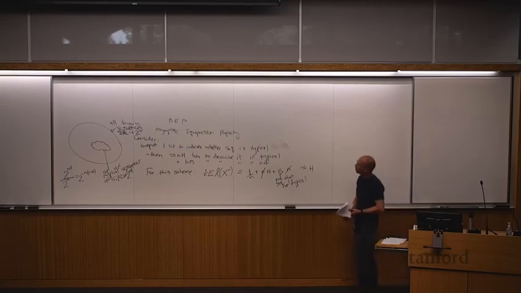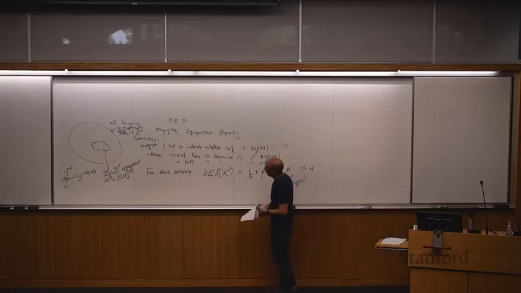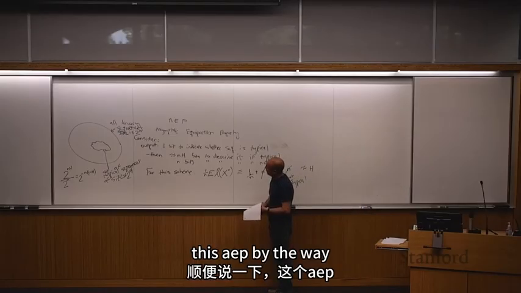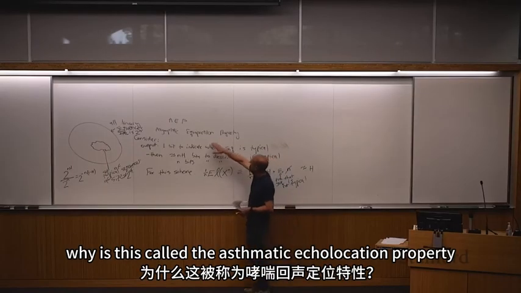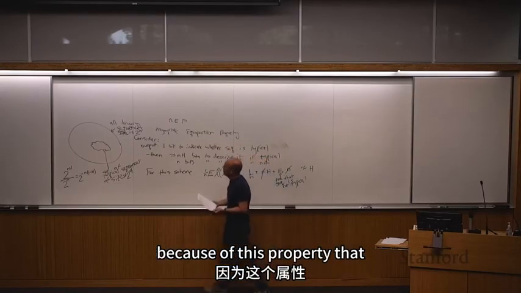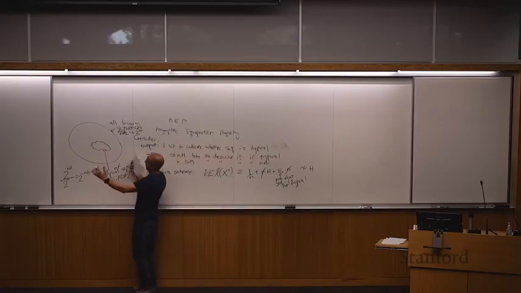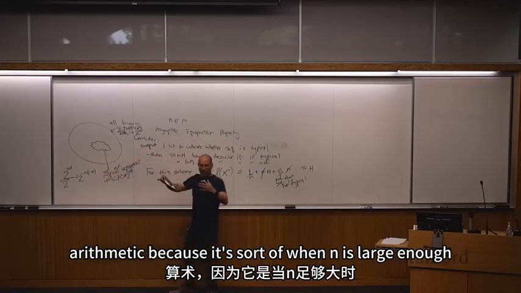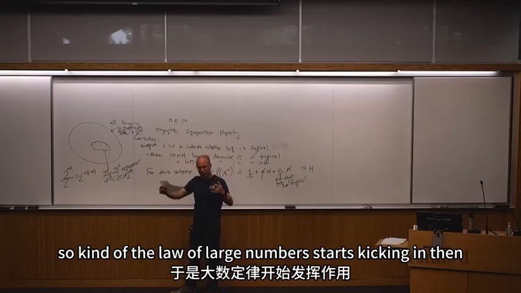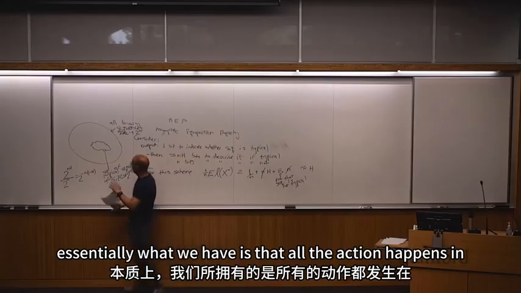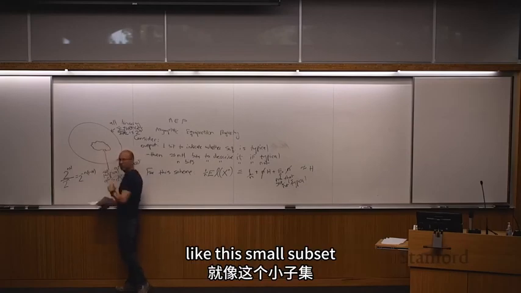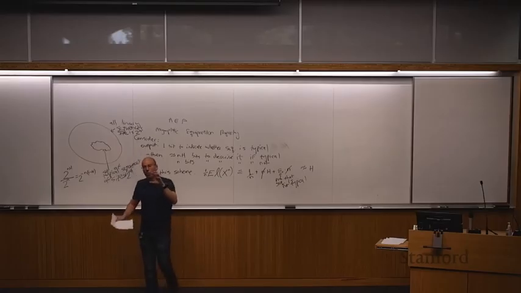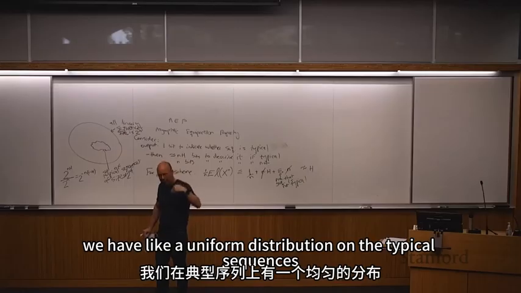By the way, why is this AEP called the asymptotic equipartition property? Asymptotic, because when n is large enough, the law of large numbers starts kicking in, and essentially all the action happens in this small subset where we effectively have a uniform distribution on the typical sequences.